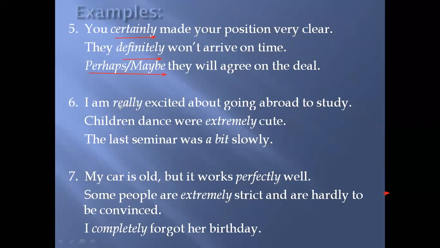And also, I'm really excited, or dancers were extremely cute, or a bit slowly. Or sometimes, but it works perfectly well, or extremely strict, or completely forgot. Do you see those words? They're talking about degree and probability.